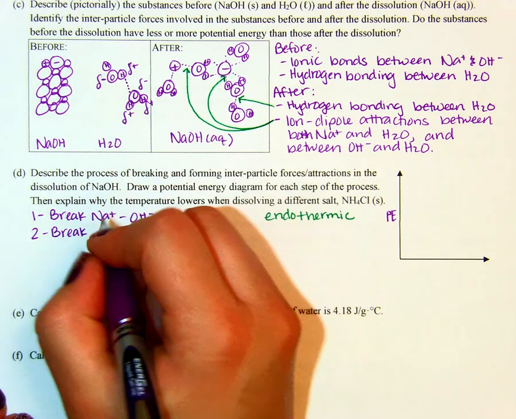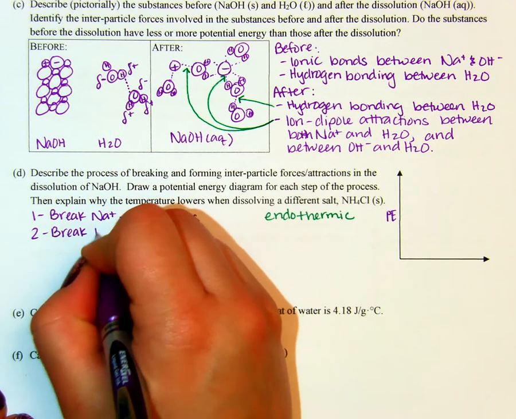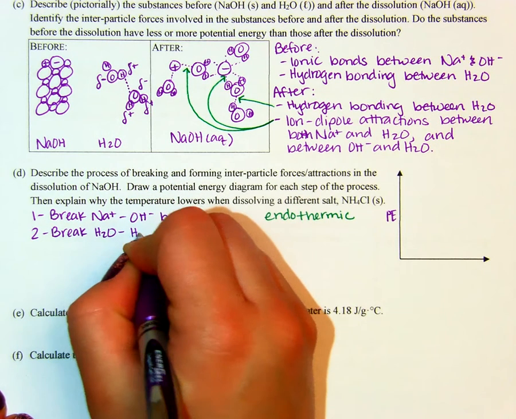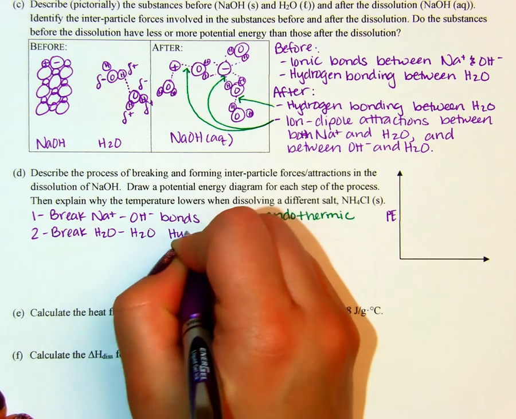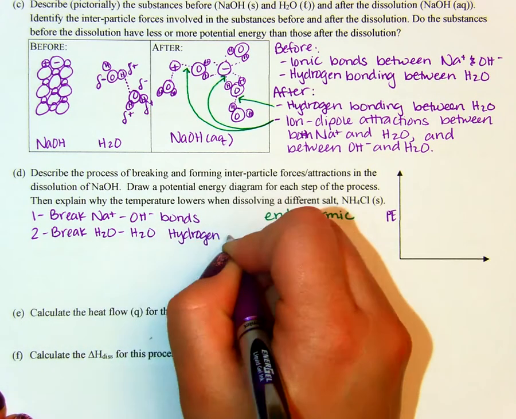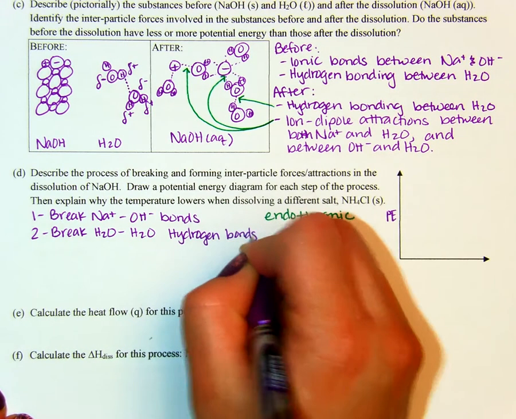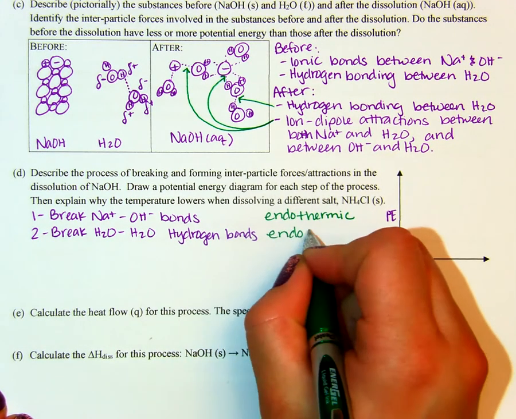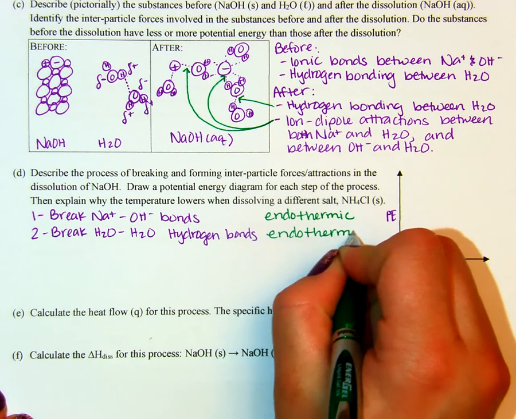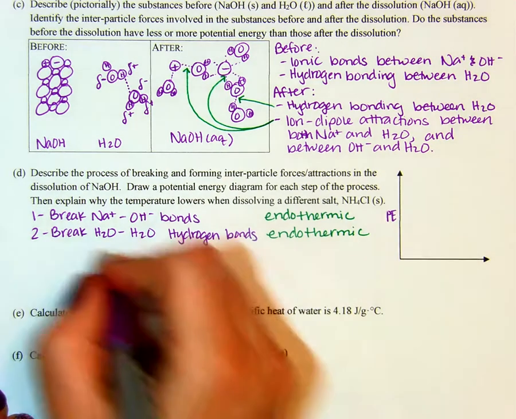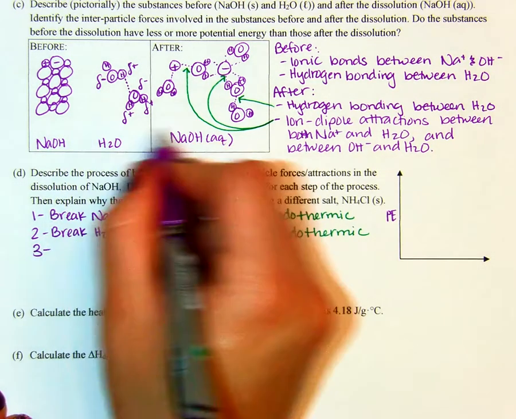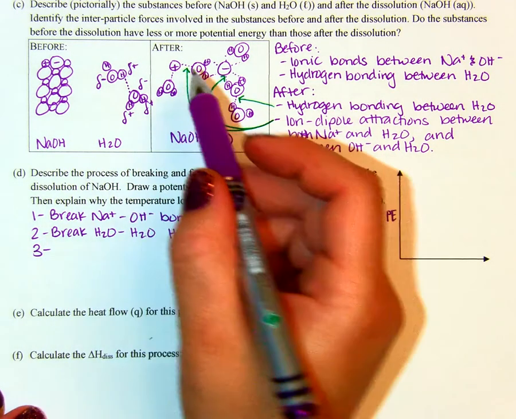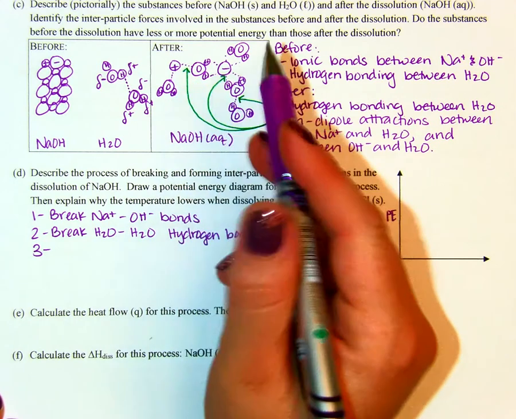So we're going to break H2O, H2O hydrogen bonds. And because that was also bond breaking, that's going to be endothermic because it requires energy to do. Okay, step 3. So we've broken all the bonds. Now we're going to start reforming bonds. We're going to form the sodium to water ion dipole attractions.